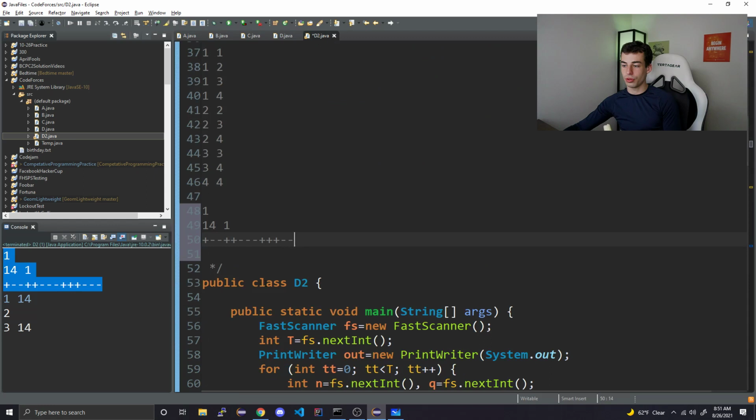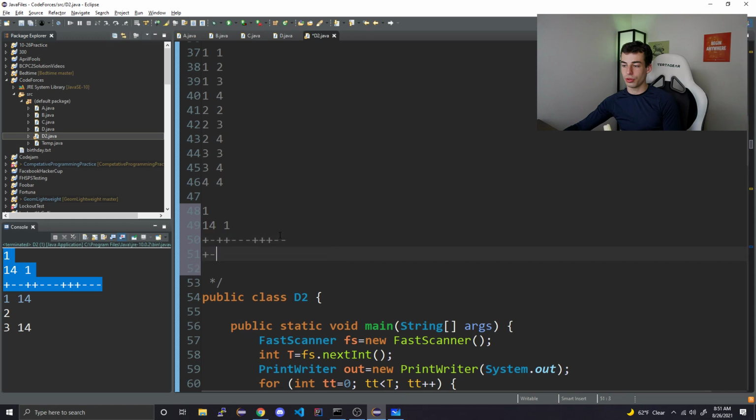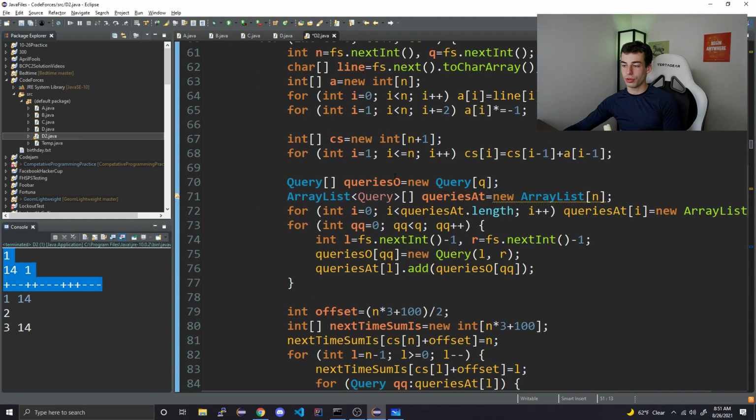So remove index this, and then they said remove 3. 1, 2, 3. So what is this? Plus minus, or plus plus, plus minus, minus plus, minus, minus, plus, minus, minus, plus. So 1, 2, 3, 4, 5, 6, I think, and then we should be fine.